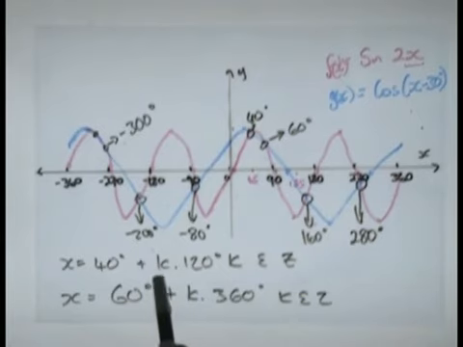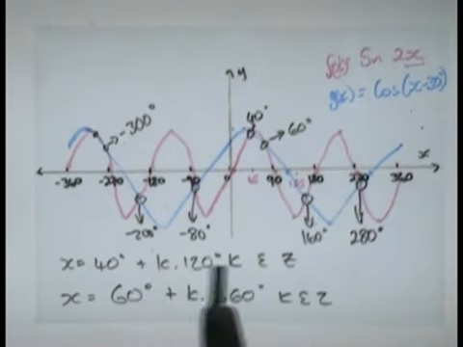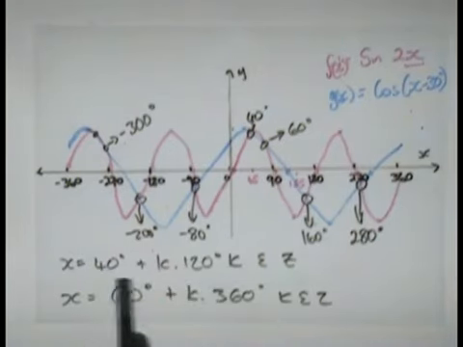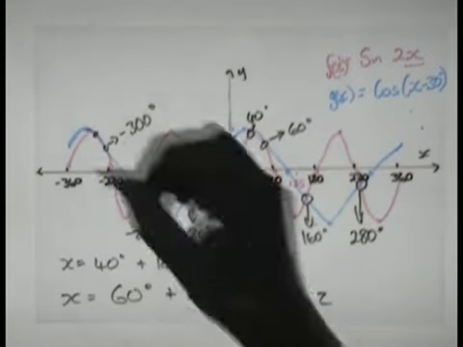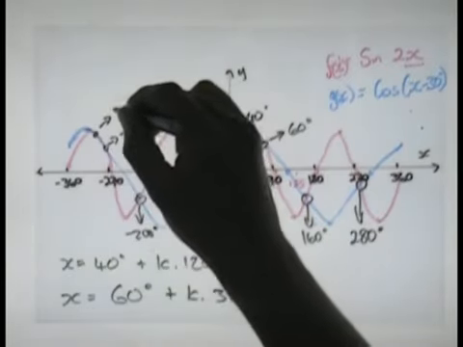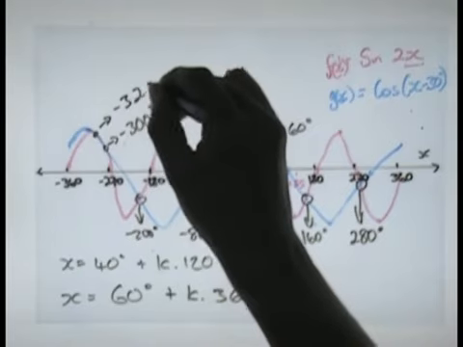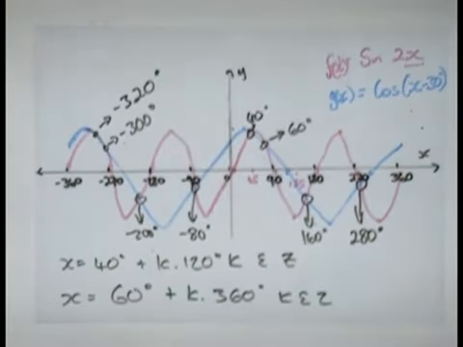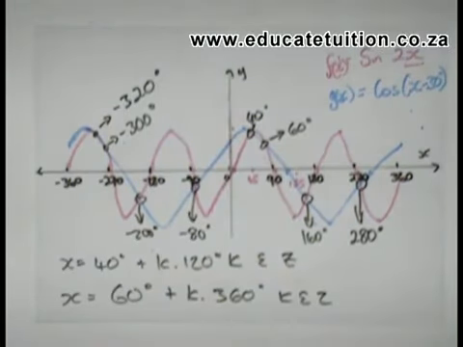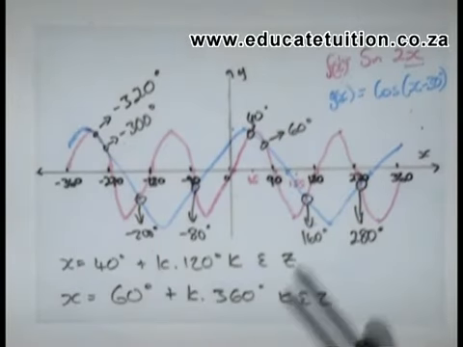But look here, when k is equal to negative 3, that's going to be 40 degrees minus 360 degrees, which is going to give me the point negative 320 degrees. Now please note that these 8 points of intersection are only the x values.